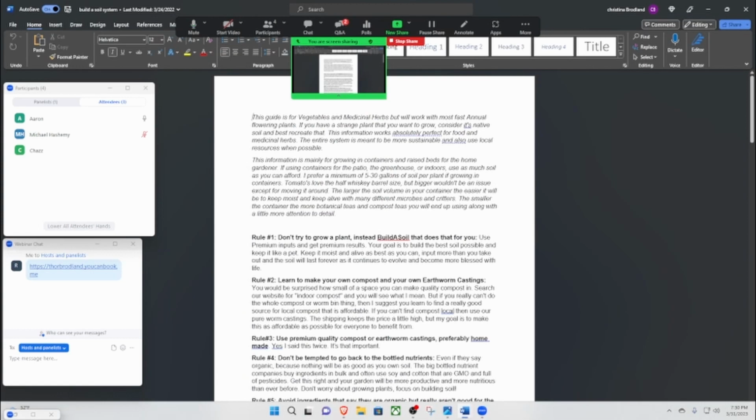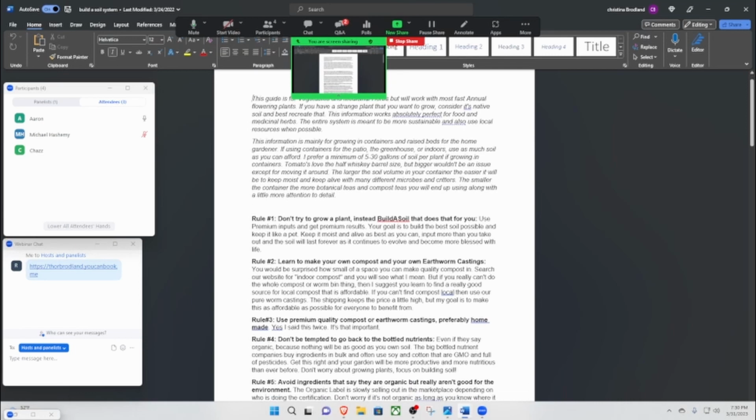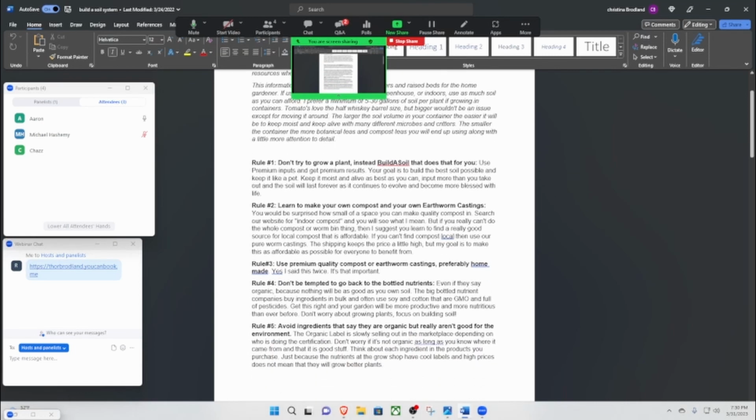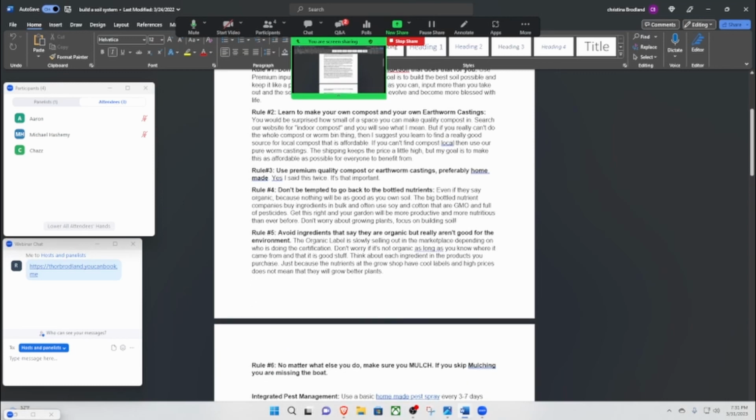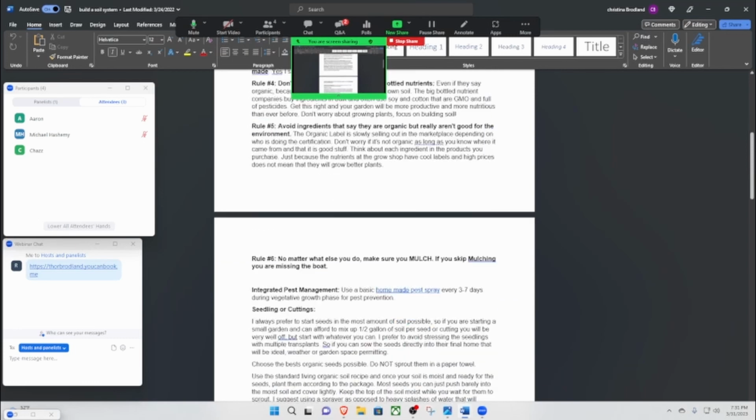So okay, this one. This is the Build a Soil system, the rules that they've laid out. This isn't exactly what we teach you in the summit, but it correlates to it a lot, and there are a lot of things that I agree with in here. It's a great resource that I think helped me understand living soil a lot better.